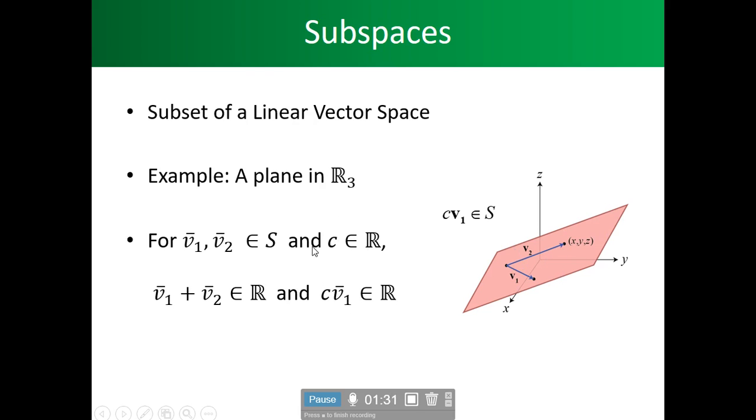And that is for all C, all values of multiples of C that are in the real number system. Okay, so we can see the multiplication works and keeps it within the linear vector space. So now when we add vectors together, they also stay within the vector space.